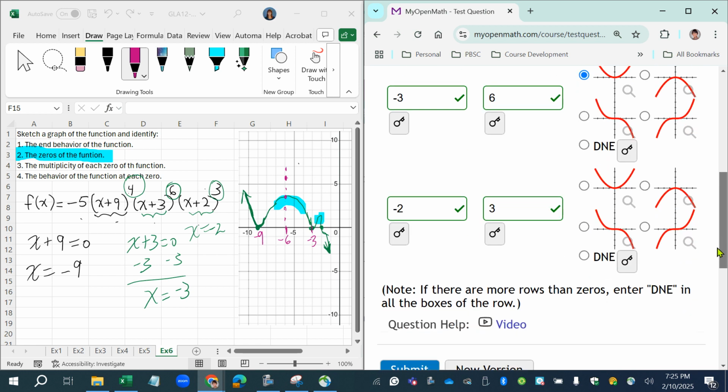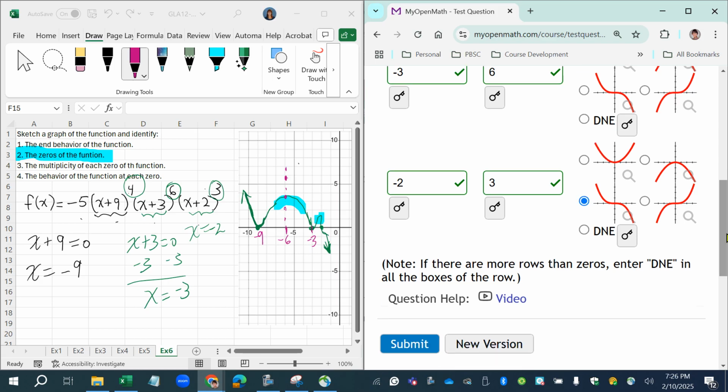And at -2, we had a wiggle through coming from the top. So notice there's two options here. Instead of choosing this one over here, it makes sense to choose the one that's up on the left, coming towards the x-axis from the top, and then going below the x-axis down towards the right. So it matters, and that's why we need to sketch it out, okay?